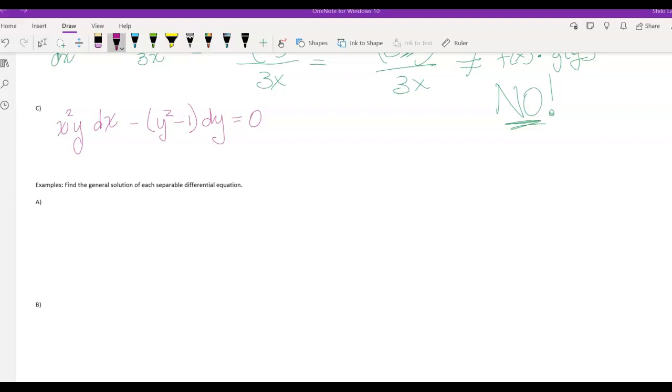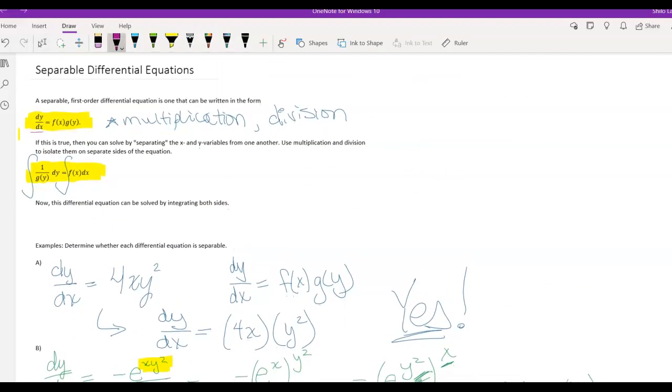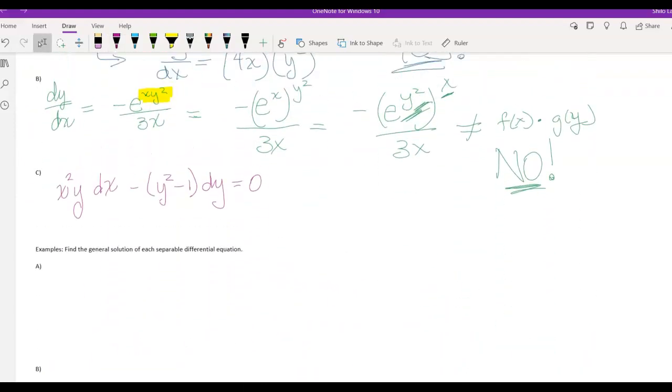So one option you have is to use algebra to move all the terms and factors around to see if you get it to match up with the definition we had, that formula we had in the definition here. See if we can use algebra to transform it into dy over dx equals f of x times g of y. So we've got to play with this one a little bit. I'm going to start by adding this entire term over to the right.